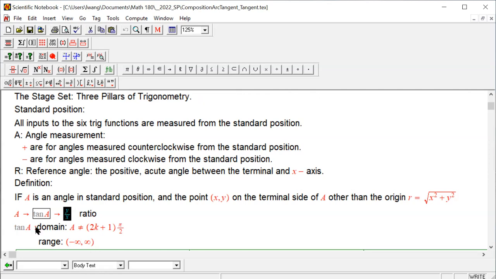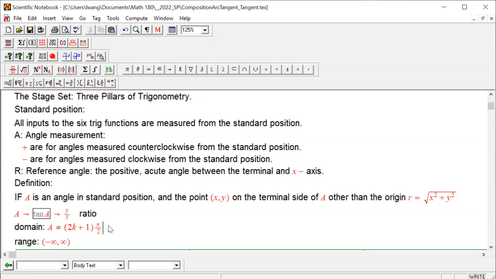And we discussed its domain is all real numbers, but, right? This should be read as all real numbers, but odd number multiples of pi over 2. Okay, so I'm going to write that down.